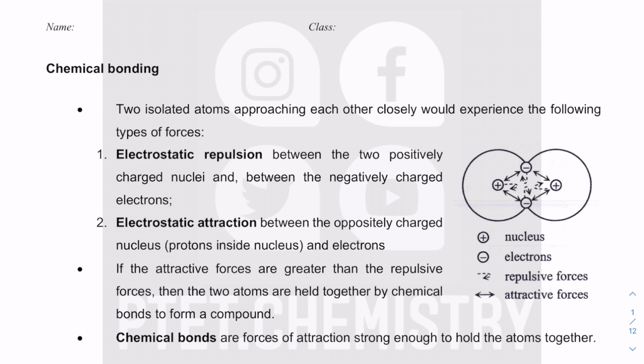When you have atoms coming together, we will experience electrostatic interactions. First of all, as you can imagine, electrostatic is to do with positive attracting negative. And don't forget that in an atom, we have the nucleus. The nucleus of an atom consists of protons and also neutrons.